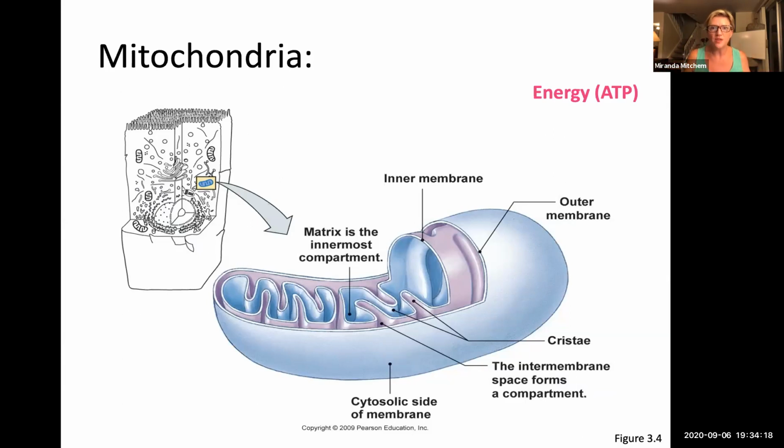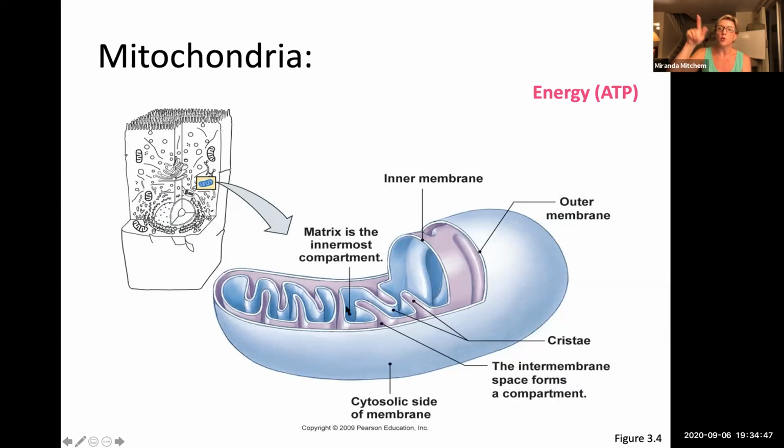Why do we want to do that though? Why is this a concept that is conserved and seen over and over again in evolution? Well, the simple answer is because it works, right? We wouldn't see something selected over thousands of years, millions of years of evolution if it was a defective process. The machinery that does cell respiration is all located within this inner membrane.